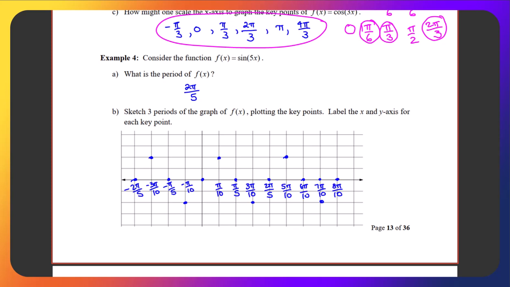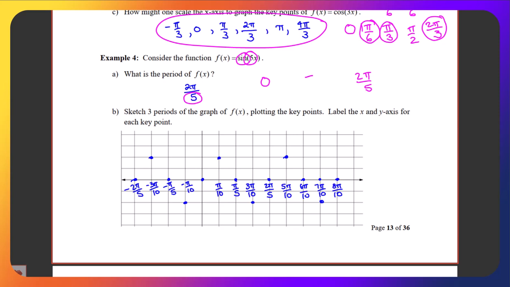Let's do the same thing with this example. This time b, or the number we're multiplying the x by, is 5, but it's inside the function next to the x, so we divide by 5. So there's our new period. So then we're going to start at 0, this time for sine, but it's the same thing. Start at 0, end at 2 pi over 5.